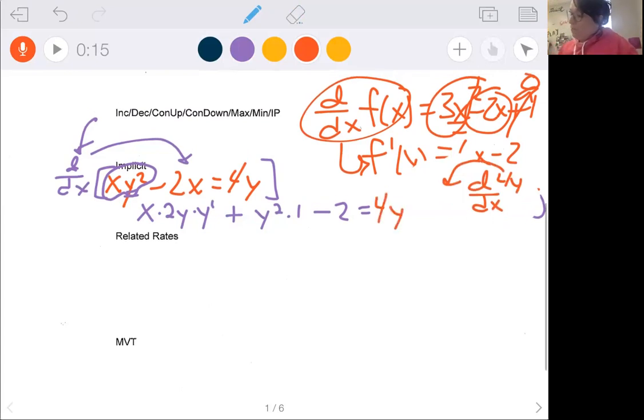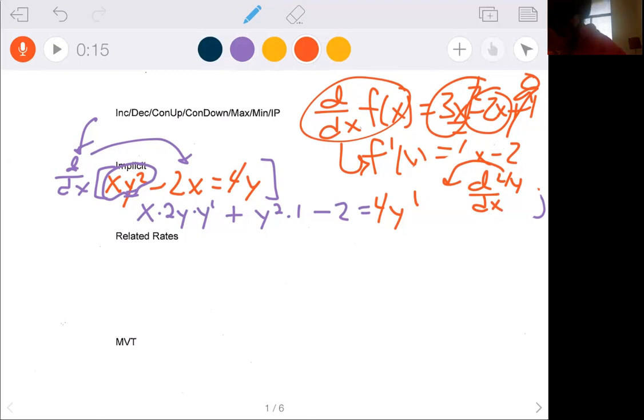So remember with that process, we are simply applying our rules of differentiation from up above. We did a little product rule, we did a constant multiple rule, we did a chain rule in here. Then we need to isolate that y prime, because remember, we're looking for dy dx, the derivative, y prime. So we get it on one side of the equation.